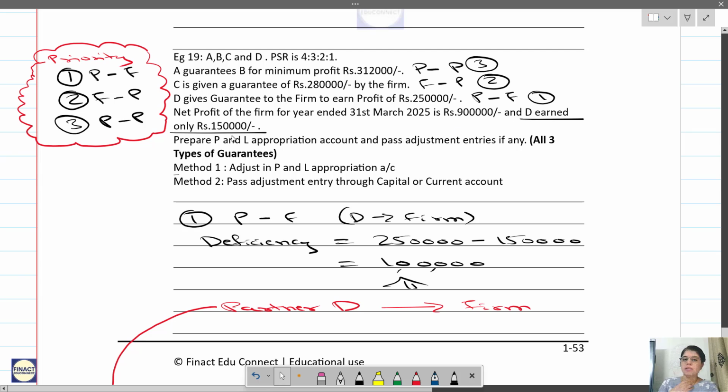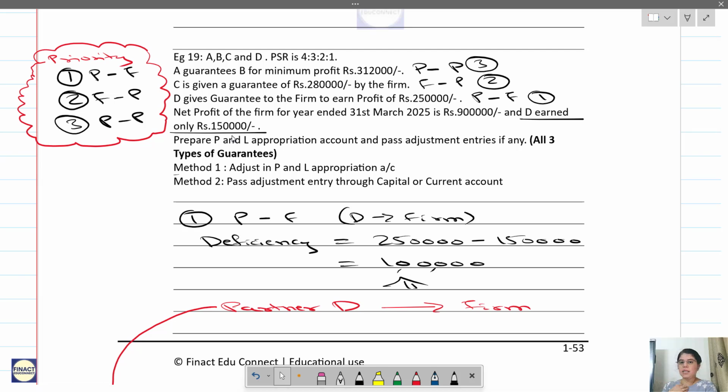Sometimes the partner to firm guarantee will be either in such a way that he will bring in so much business that it will earn so much of profit, or the other type of guarantee will be where the partner will say no, the total profit of the firm will be 10 lakh rupees. Okay, then in that case we have to compare it with the total net profit of the firm. Okay, we will come across that question when we solve some more examples.